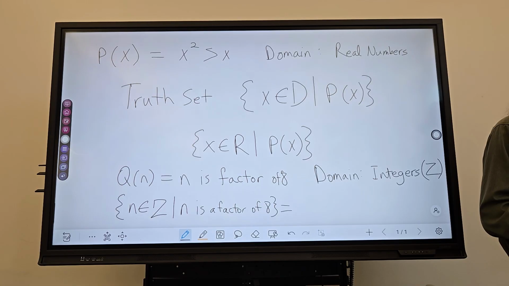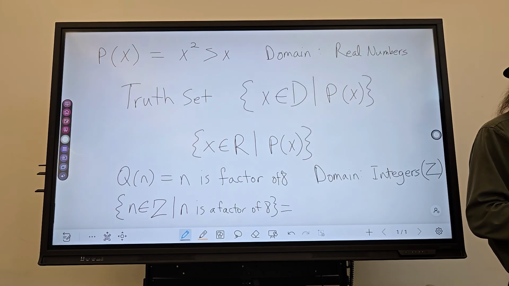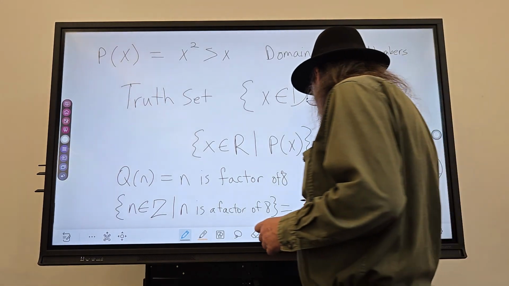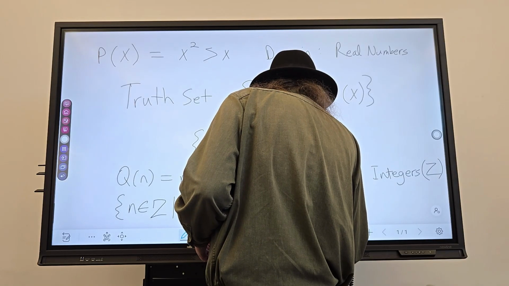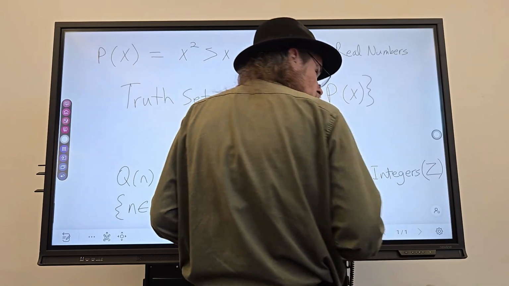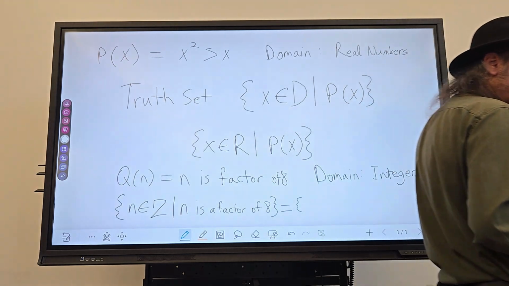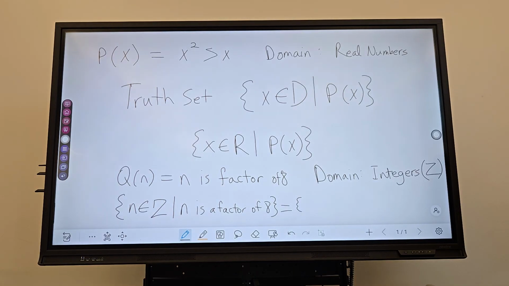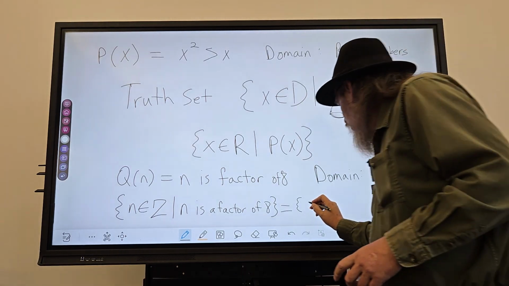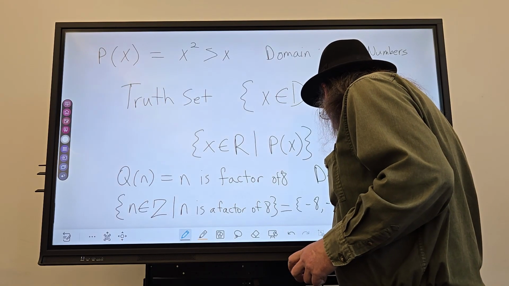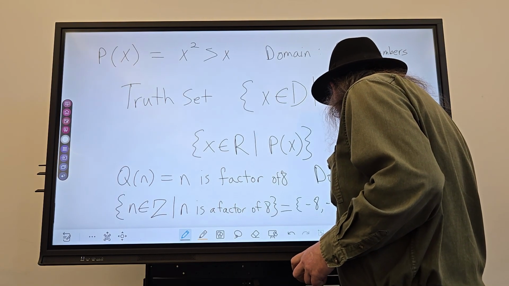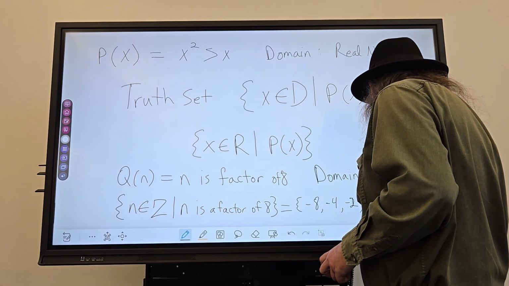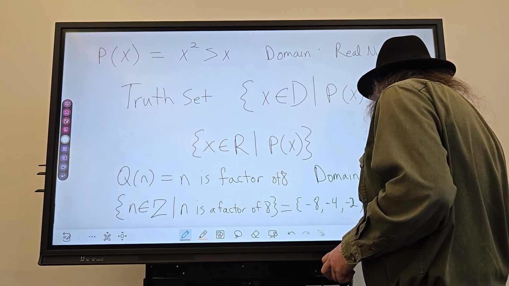And be complete. It's not just positive integers. Negative 2. Negative 1. Negative 4. And negative 8. Exactly. So minus 8, minus 4, minus 2, minus 1, 1, 2, 4, and 8.